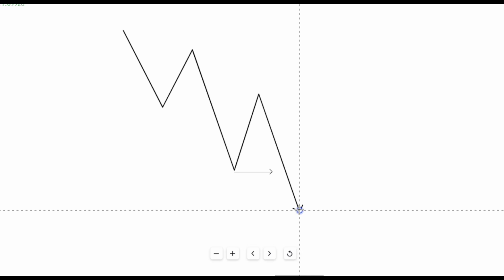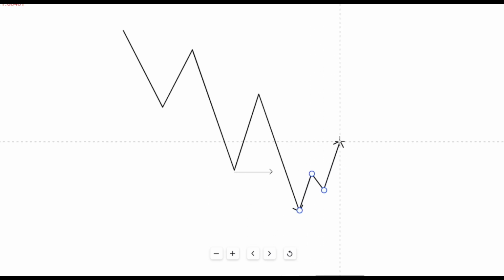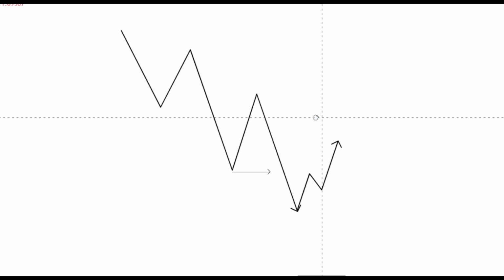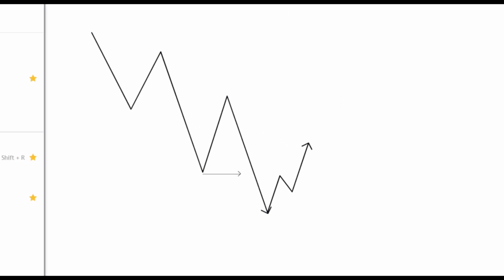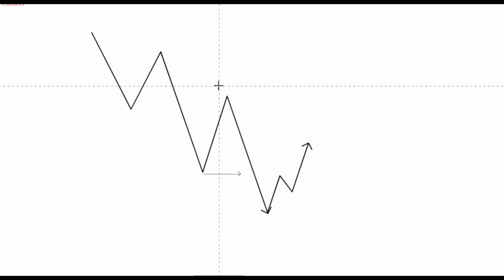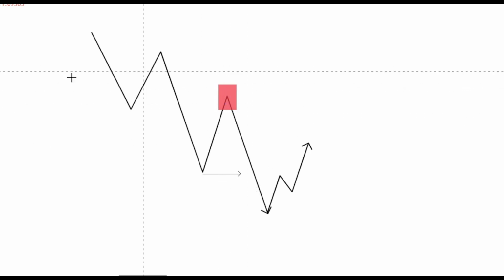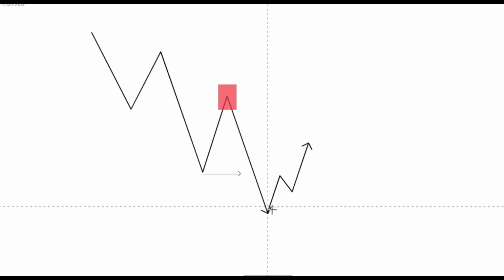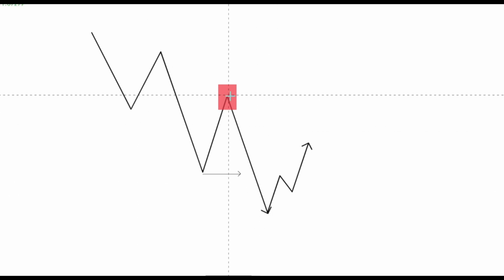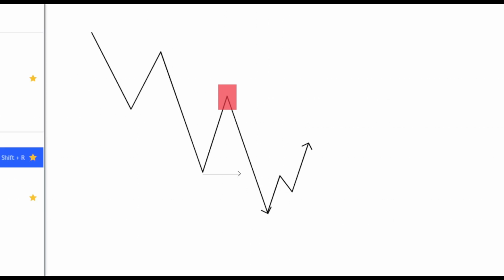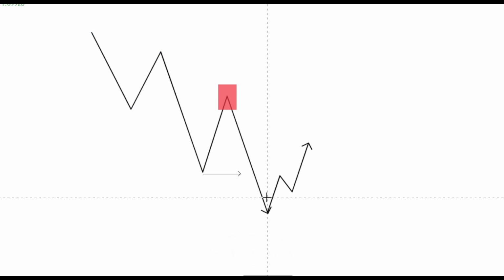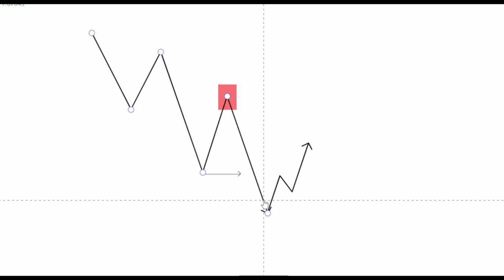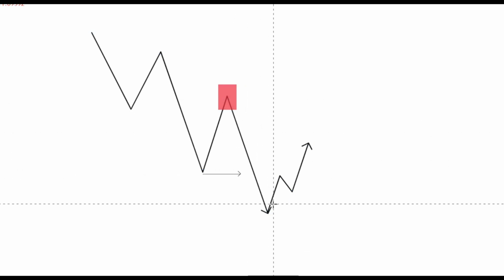As we see price retracing up, what we now need to focus on is the most recent structural high and the most recent structural low. So this is the most recent structural high up here. Let's label that in red. And this is the most recent structural low, so we'll label that down here as well, also in red. This is the most recent swing high and most recent swing low.